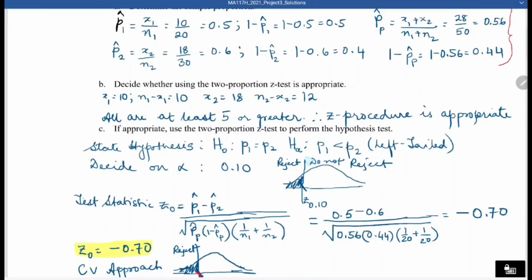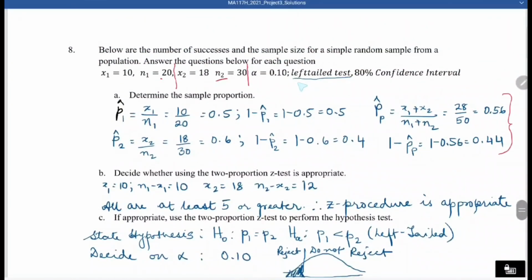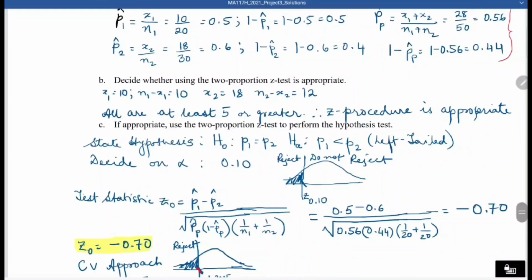H sub a, the alternate hypothesis, is saying that p sub 1 is less than p sub 2. How do I know that? Because it tells us in the question here it's a left tail test. This is not an application based problem, so you don't have to search in the wording. It's given over here with the other information: perform a left tail test. So that makes things easy, hopefully, for you.